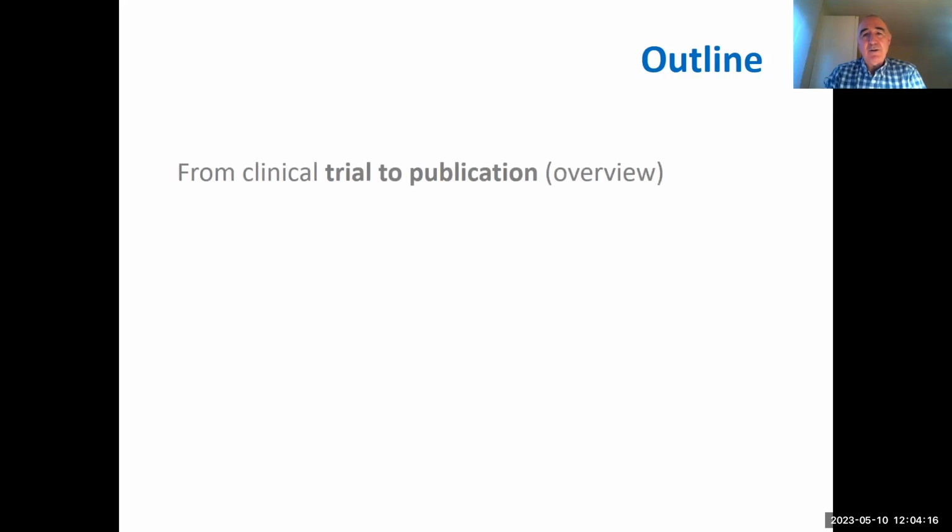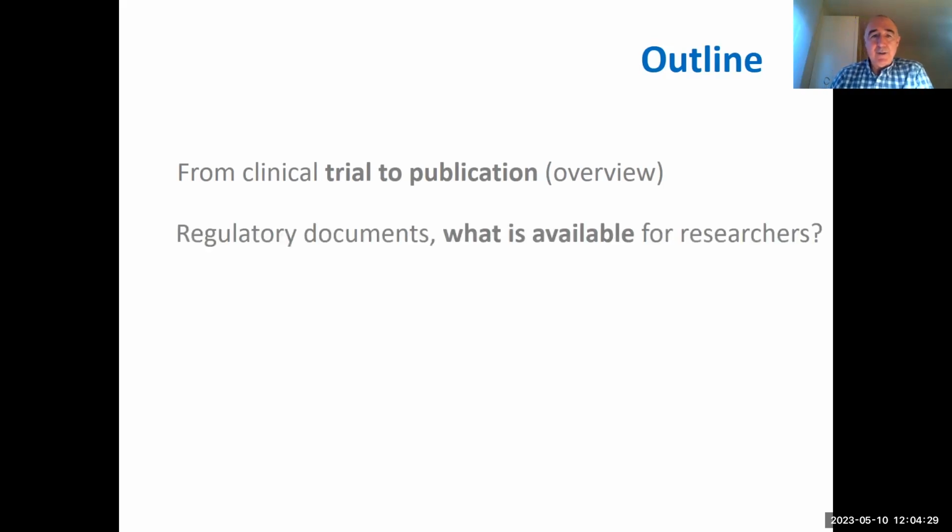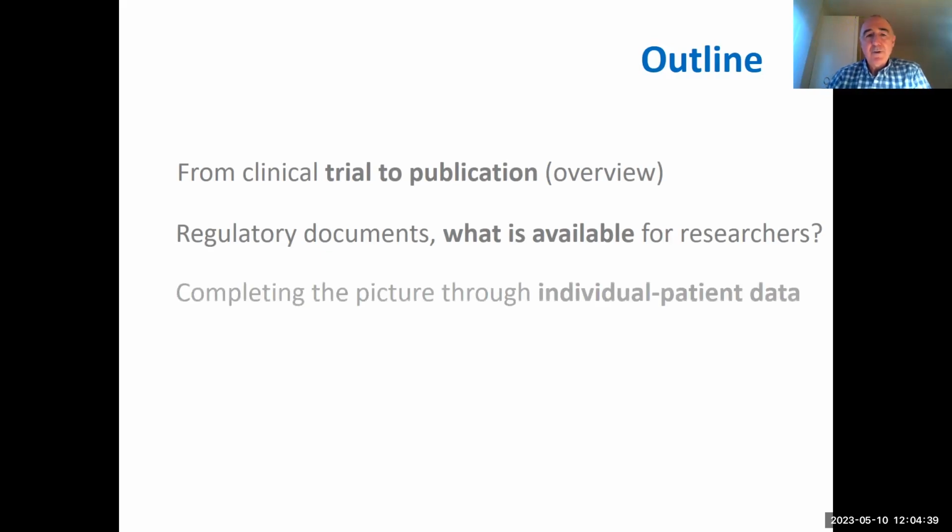So this is the outline of my presentation. First, I'll give you an overview on the information flowchart from clinical trials to publication. Then I'll give you a briefing about regulatory documents, what is available, what is not for researchers. Then we'll discuss for a short while the importance of completing the picture of drug assessment through individual patient data.